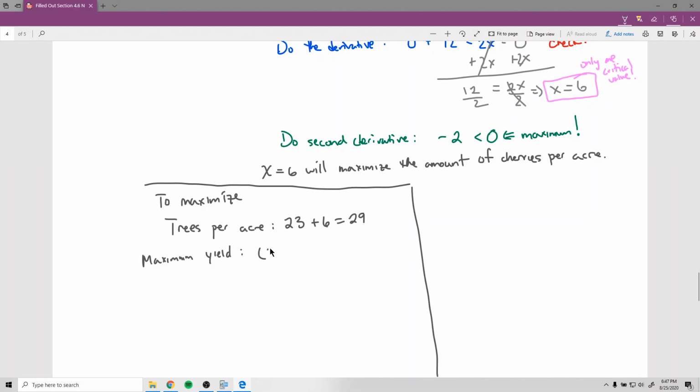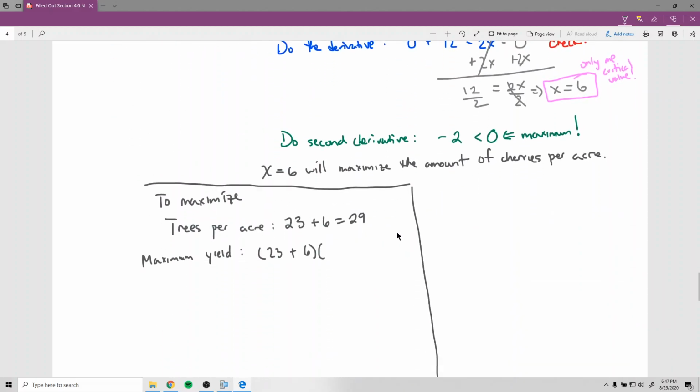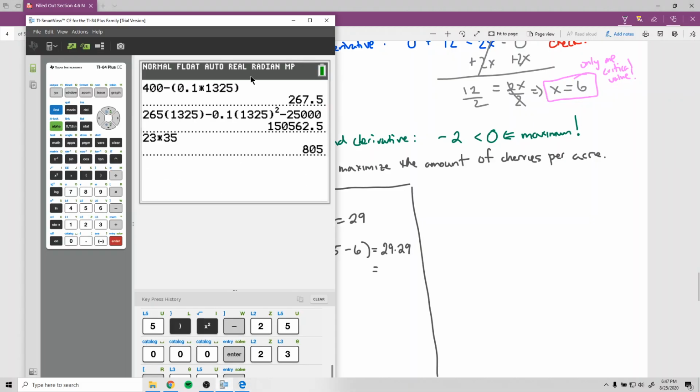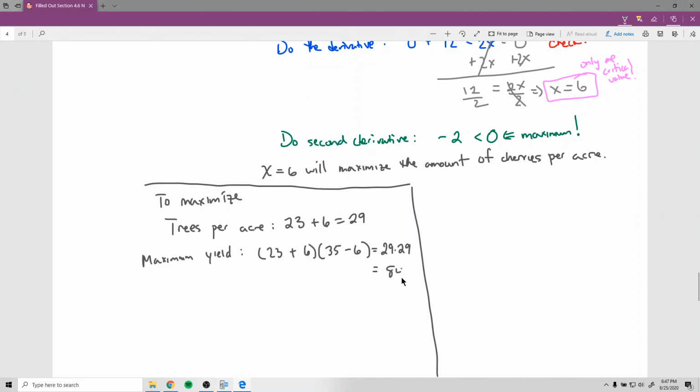So the first part was the 23 plus x, which is 6, the second part was 35 minus x, and for x, we got 6. Both of these work out to be 29, which is coincidental. But 29 times 29 is, I'm just going to write 29 squared, it's easier to write in the calculator, 841.